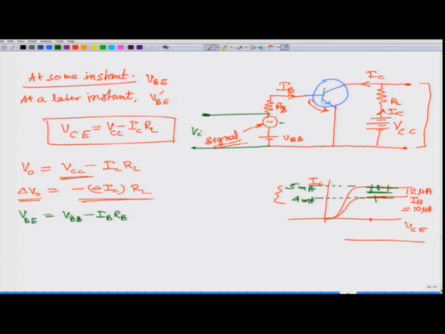Check in the circuit, what is VBE? VBE is the actual voltage on this base emitter junction. So, you have VBB including the signal, VBB plus Vs, that is the voltage here, and then IB is there, RB is there. So, there is a potential drop here, IB times RB. Subtract that, and that will become this VBE.